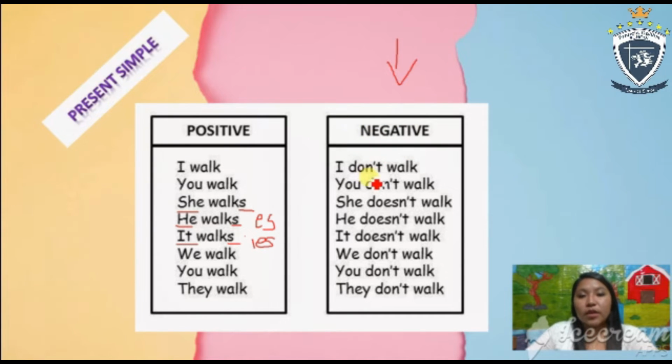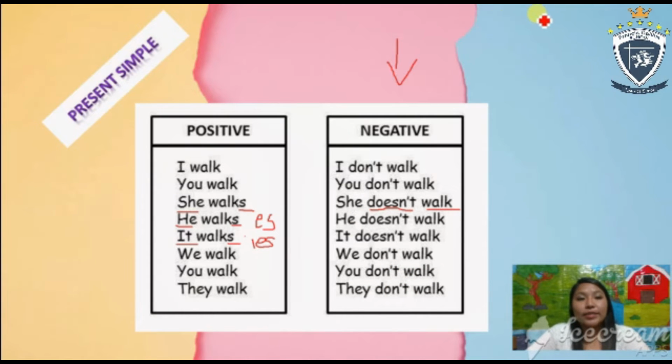Look at those sentences. I don't walk, you don't walk, she doesn't walk, he doesn't walk, and it doesn't walk. We don't walk, you don't walk, they don't walk.